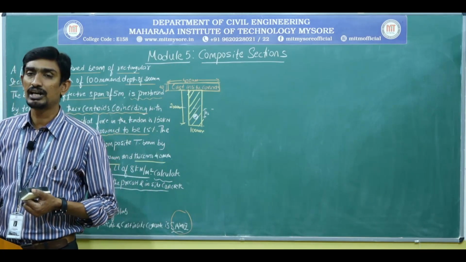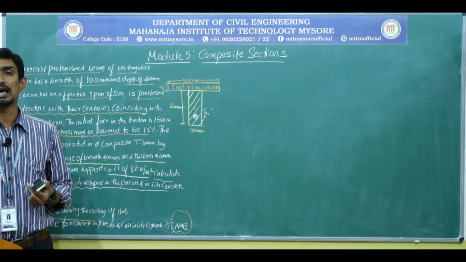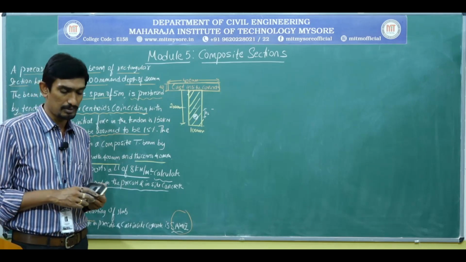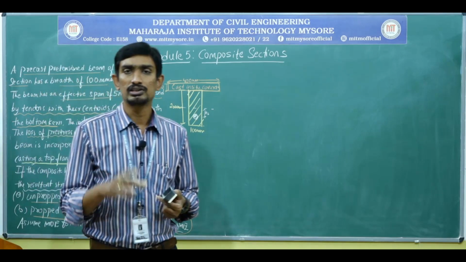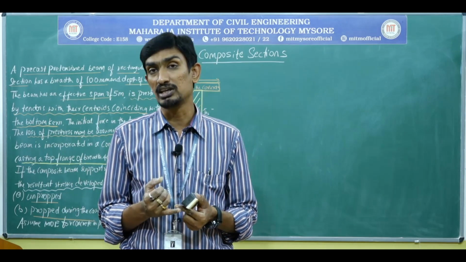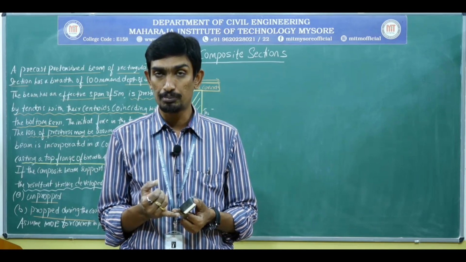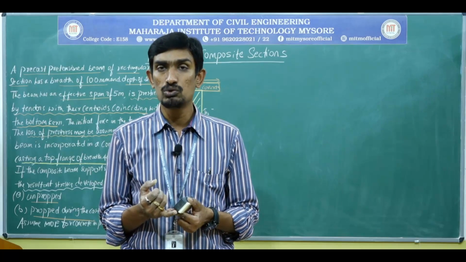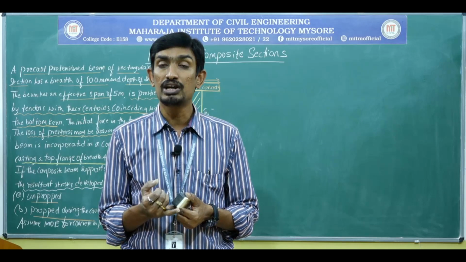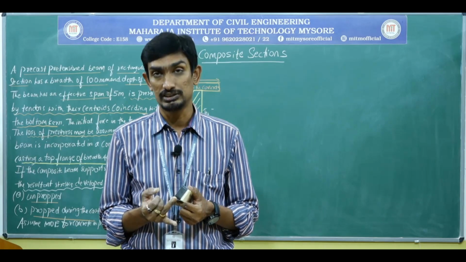As I stated, this composite section analysis will vary based on the conditions. That means the stresses we need to consider, coming to the unpropped case first, are: stress due to effective pre-stress, next stress due to self-weight of the precast pre-tension beam, next stress due to self-weight of the cast in situ slab, and next stress due to live load on the composite section.